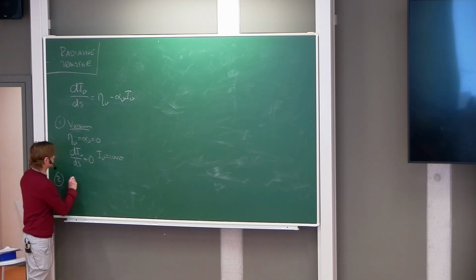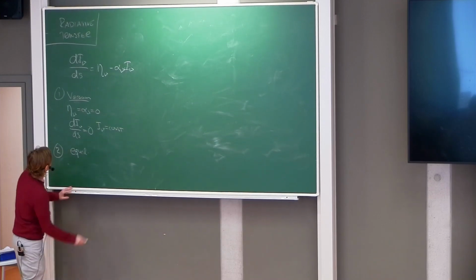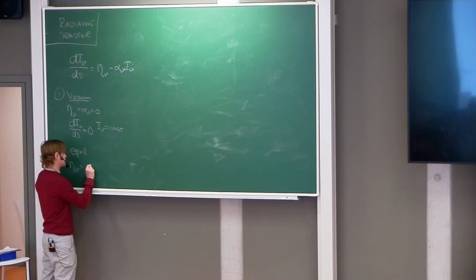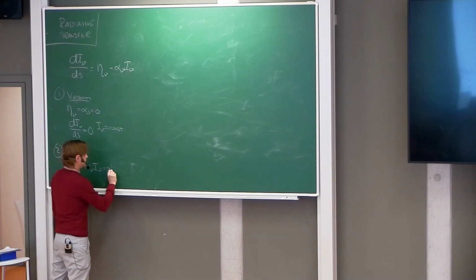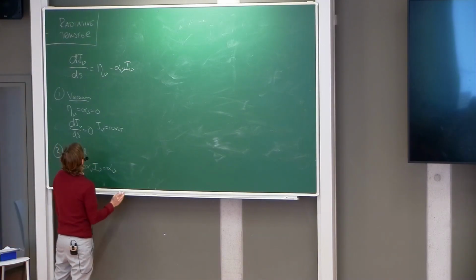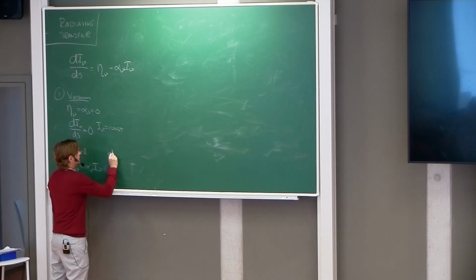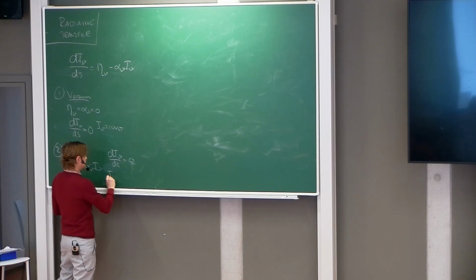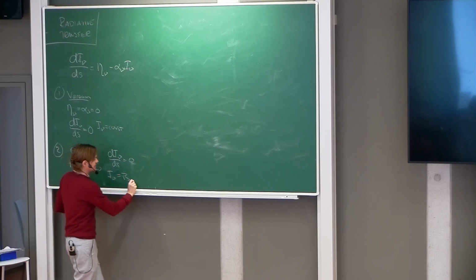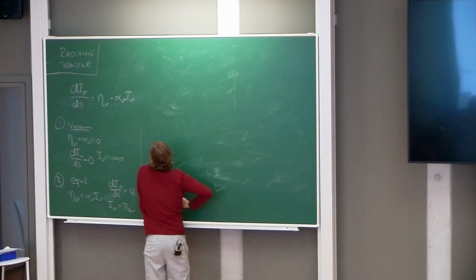We also looked at the equilibrium radiation case, right? Where we could appeal to Kirchhoff's law, which was eta_nu equals alpha_nu times I_nu, but since it's equilibrium, it was just I_nu equals B_nu, right? Again, this resulted in dI_nu/ds equals 0, or I_nu equals constant, which in this case was the black body radiation as discussed.